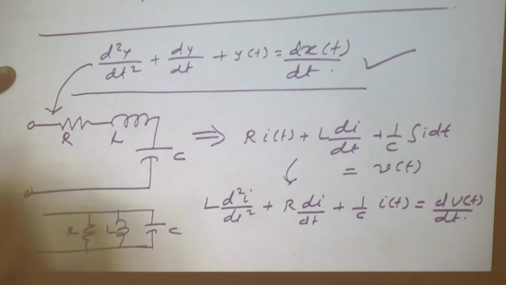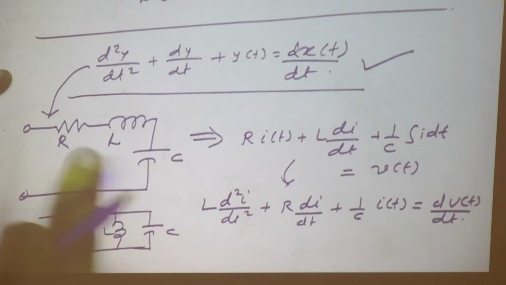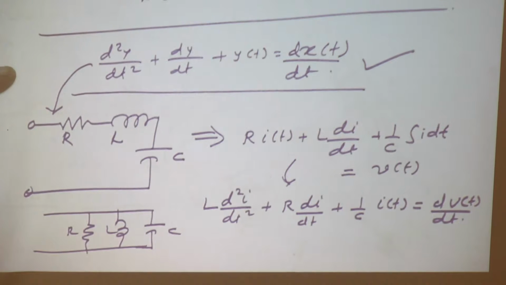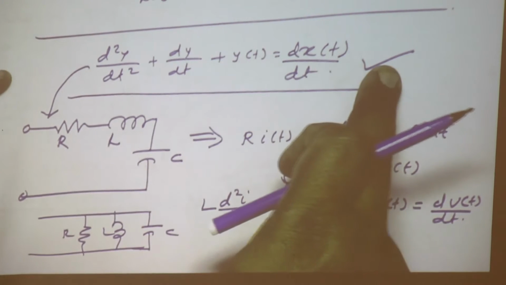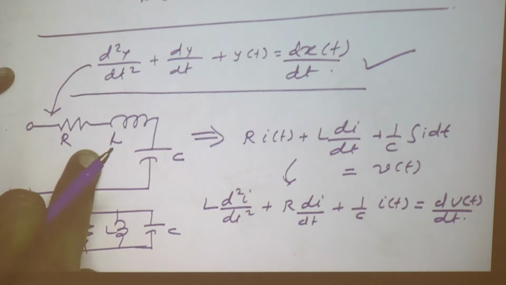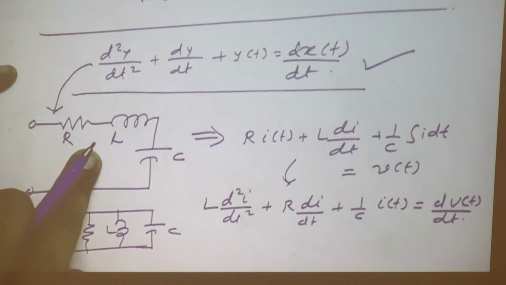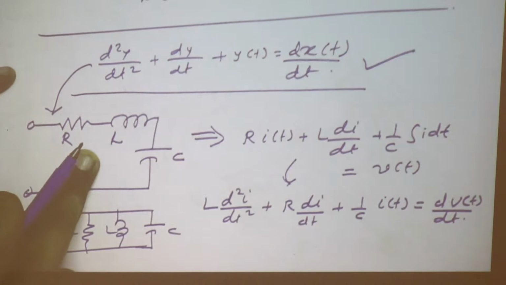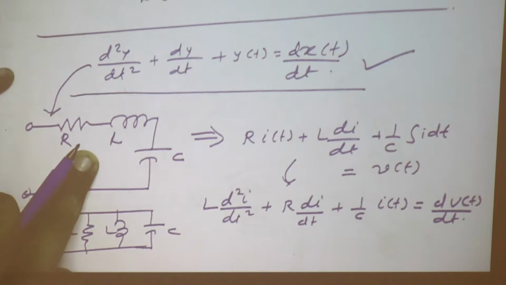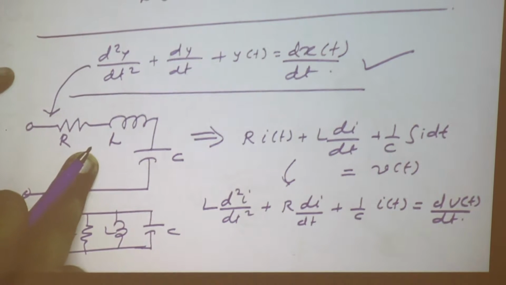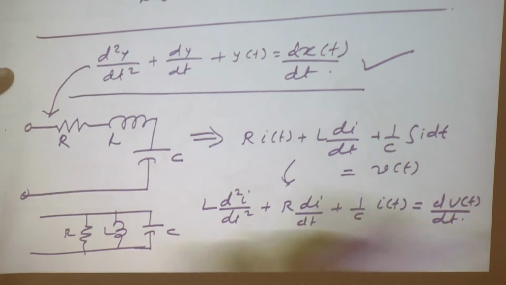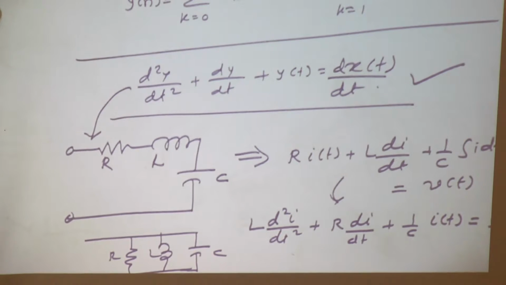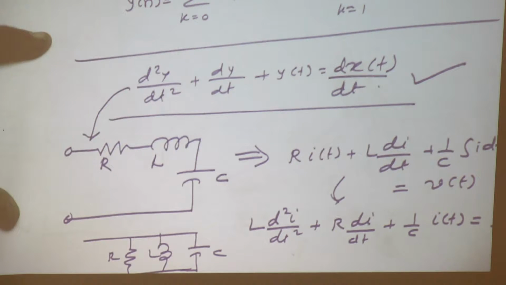There could be n such possibilities of circuits which can realize a differential equation. So any differential equation can be realized by using a combination of RLC. That is why RLC forms the basic elements of an analog system. Now, what are the basic elements of a discrete time system was the question in front of us. So what could they be?